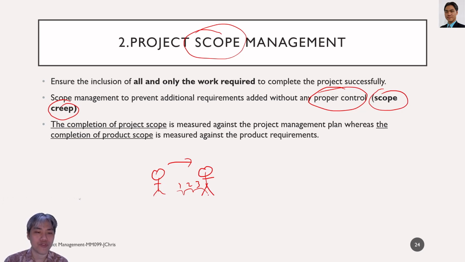Maybe I need to do 4 steps. And then when he stands on the 4th step, he says, hey, I can see something further on. It's on the 20th step. So slowly but surely, the scope becomes bigger and bigger and bigger. This is essentially true for almost any project.